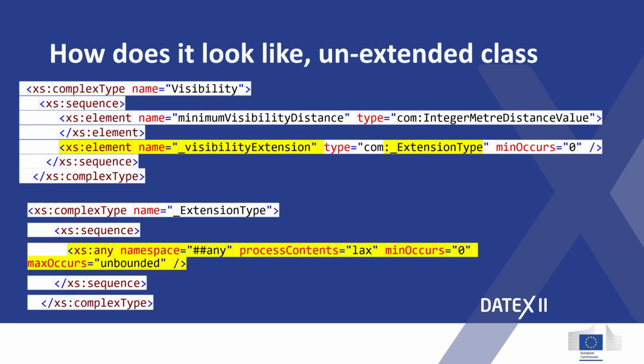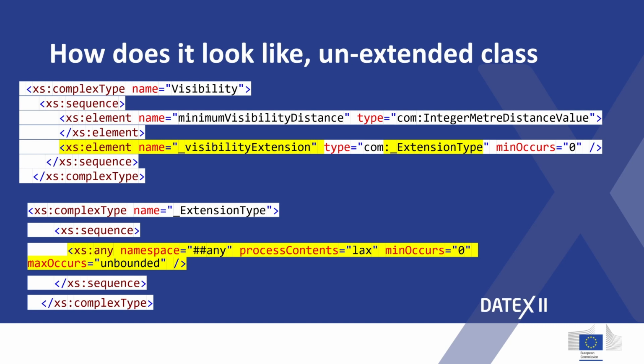So how does it look? This is an unextended class, visibility, and we can see that we have an underscore visibility extension added at the end of each complex type, and its type is an underscore extension type.